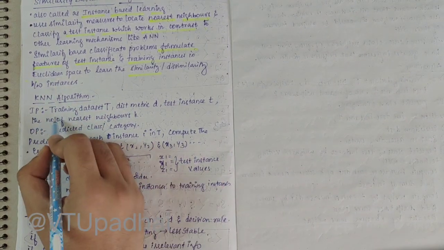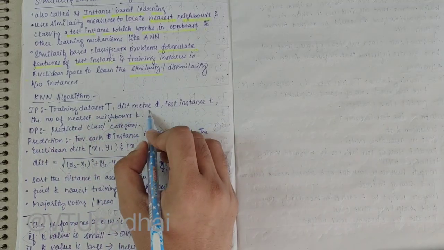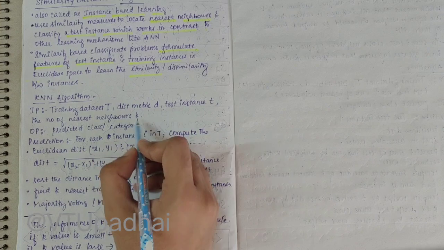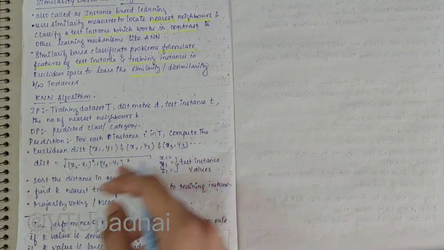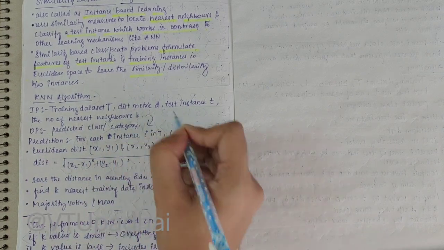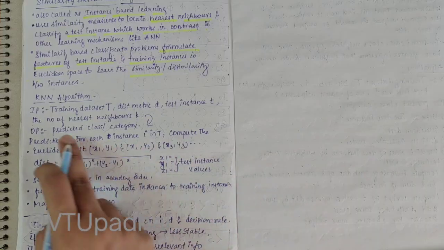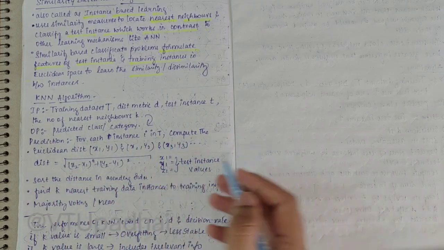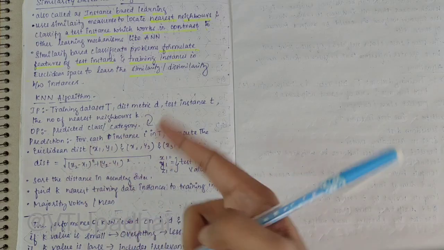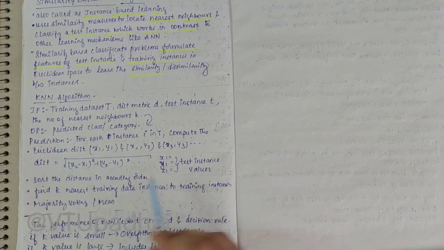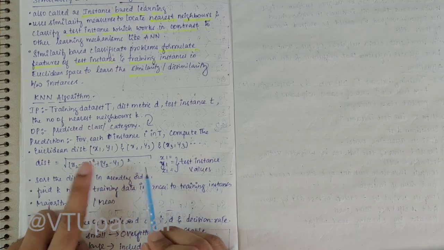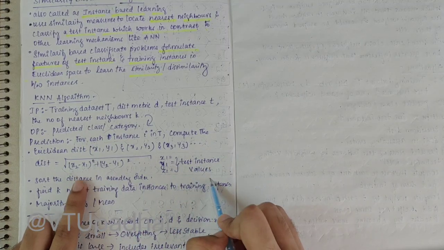The input would be the training data set T, the distance metric considered as small d, the test instance as small t, and the number of nearest neighbors as k. The output is that we need to predict its class, or category, for whatever test instance is given. For prediction, for every instance small i in T, we compute the Euclidean distance: x2 minus x1 whole square, y2 minus y1 whole square, z2 minus z1 whole square, where x1, y1, z1 would be the test instance.